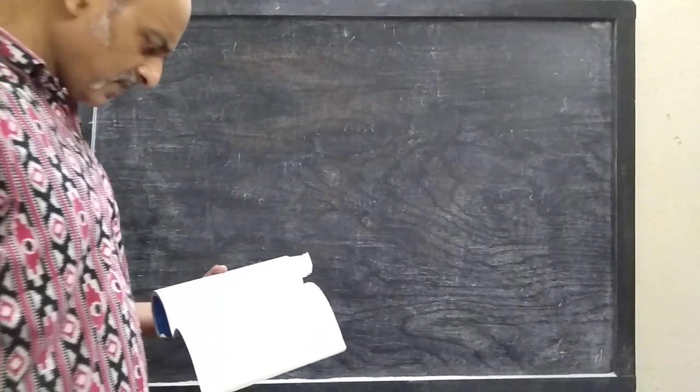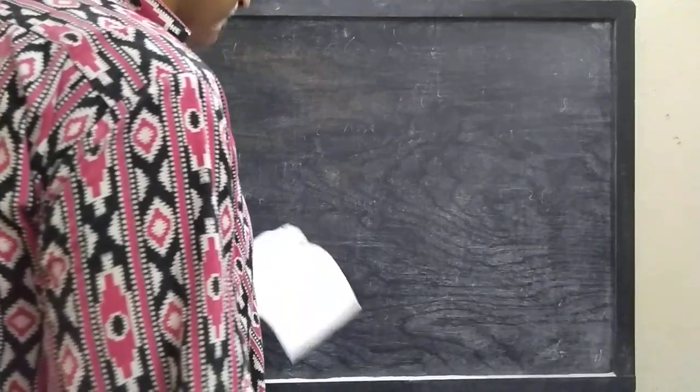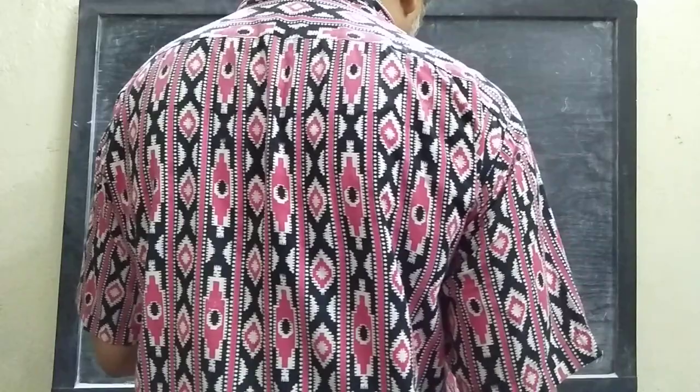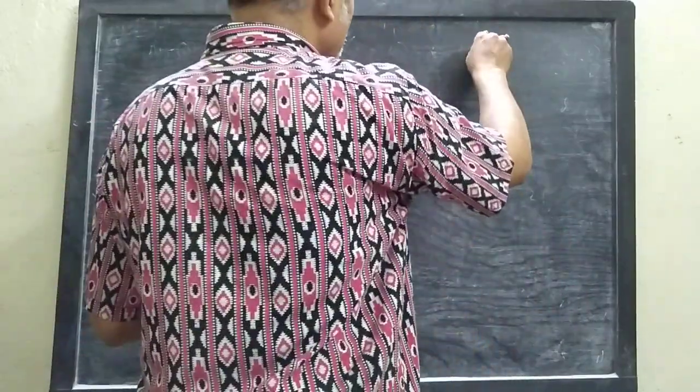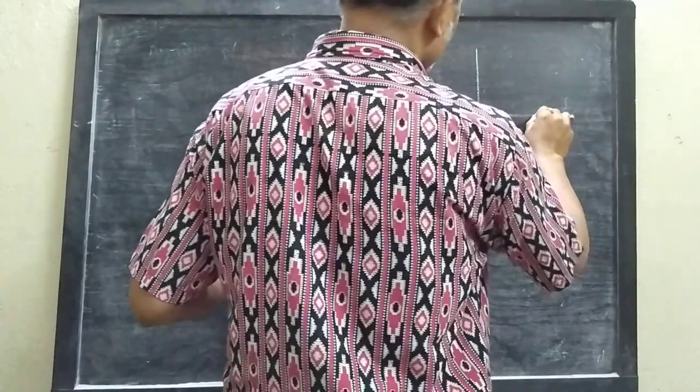Two vertices of an equilateral triangle are given. You have to find the third vertex. Here the vertices are 4, 0 and minus 4, 0. Draw the diagram in this way.